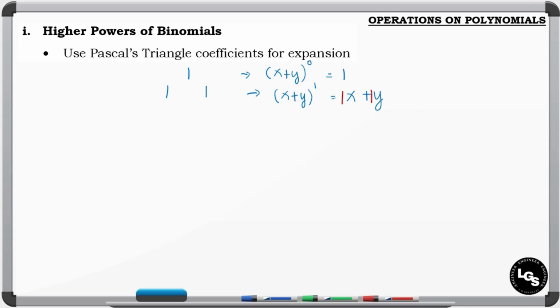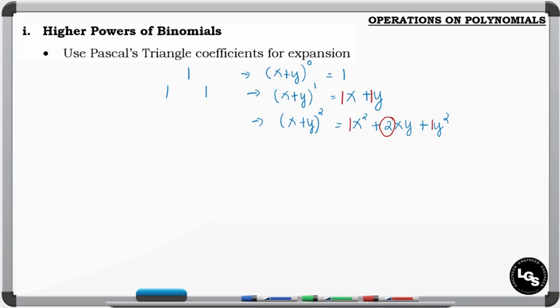So how about for the third row, or if we have a binomial with a power of 2? So if you remember the square of a binomial, the expanded form of this is x squared plus 2xy plus y squared. So our coefficient here is 1, then this 2, then we also have here 1.